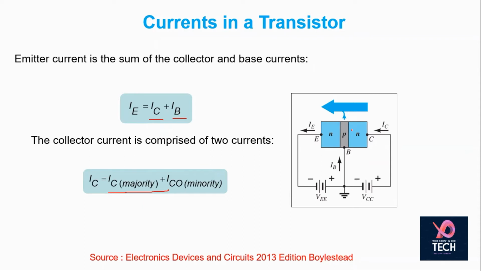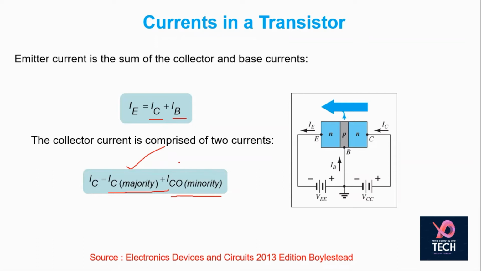And also we have a system where some of the holes will move towards this side, and vice versa combination is there, and that is your minority current. In N-type there are some holes and in P-type there are some electrons, and they also contribute some movement.